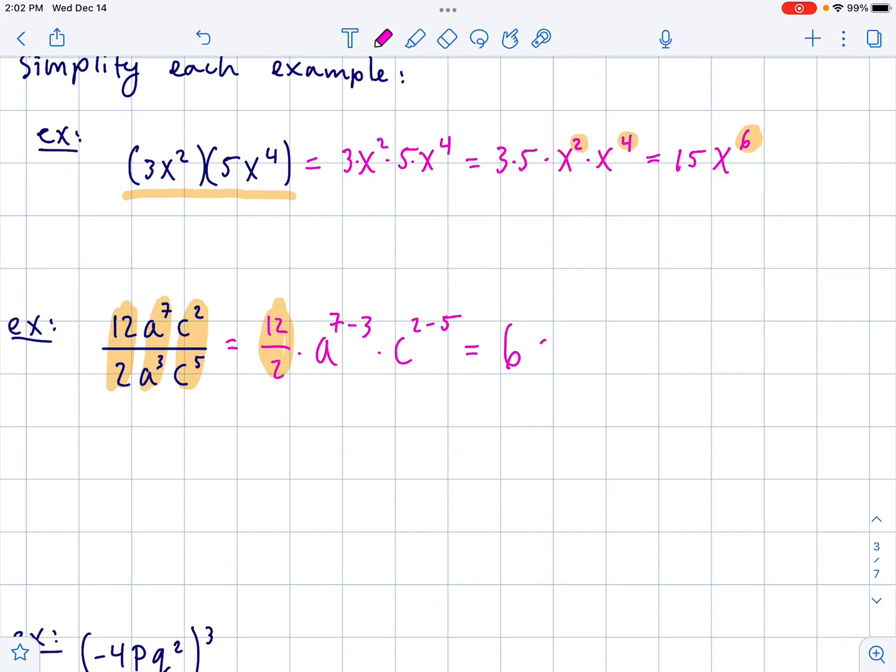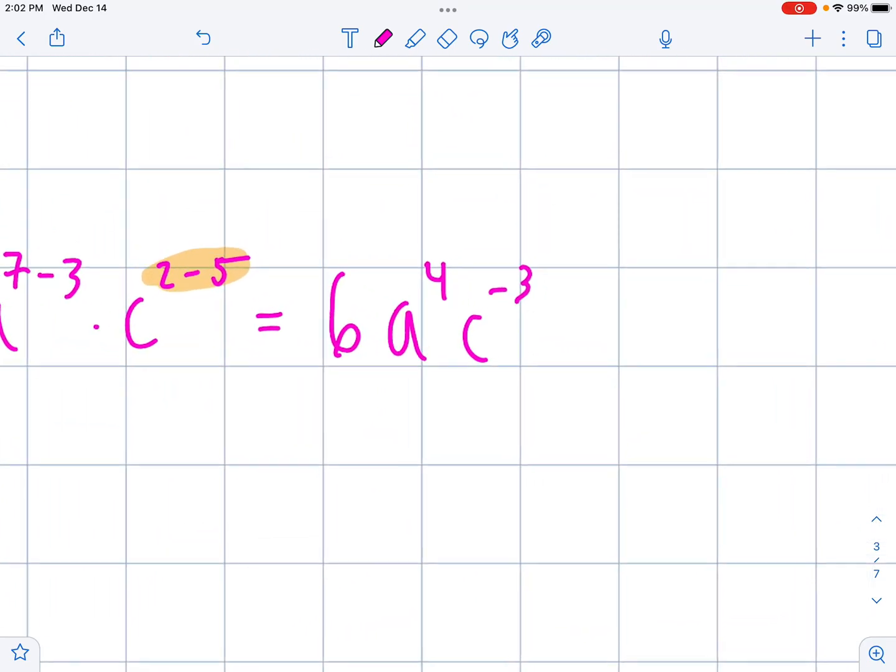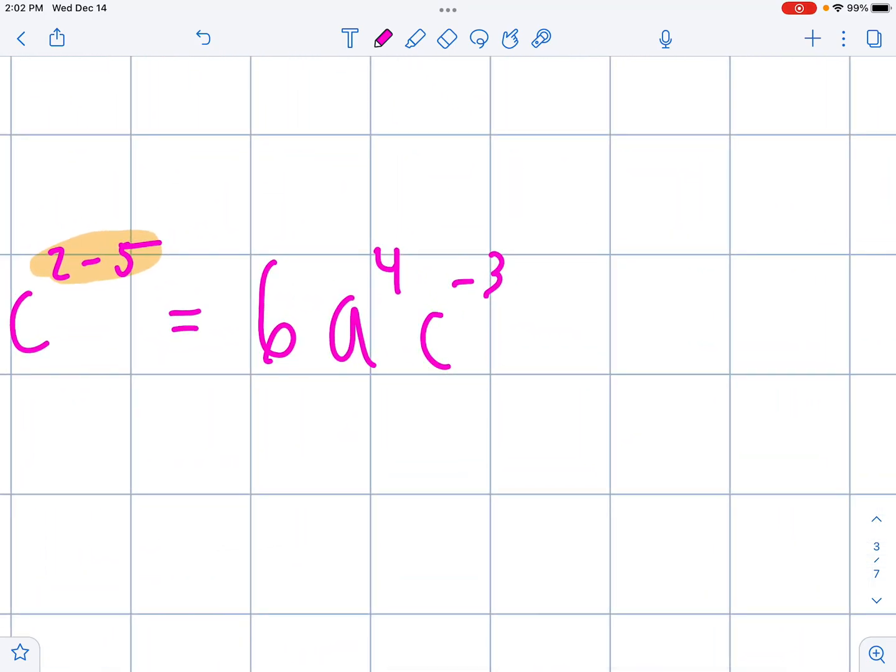Now, if I simplify 12 over 2, that's just 6. A to the 7 minus 3 is a to the 4th, and then here, 2 minus 5 gives us negative 3, so we get c to the negative 3.